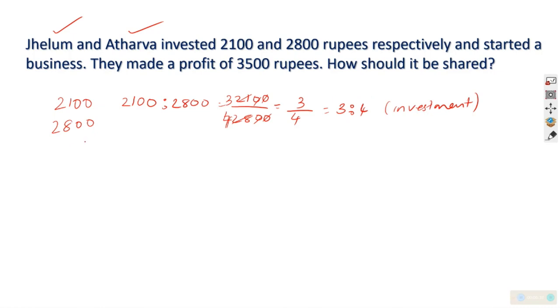That means if I simply say, 3 into the amount given to Jhelum and 4 into the amount given to Atharva should together constitute 3,500 rupees, which is the profit. Because it will be a multiple of 3 and 4, his share being in 3:4 proportion.